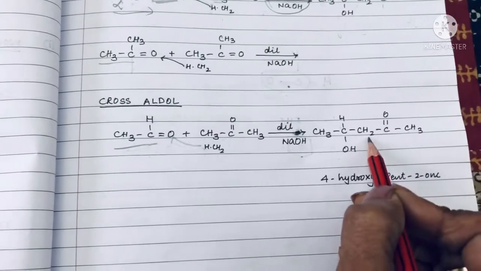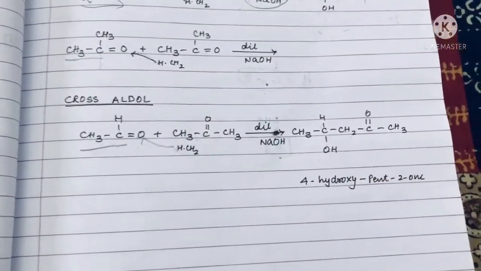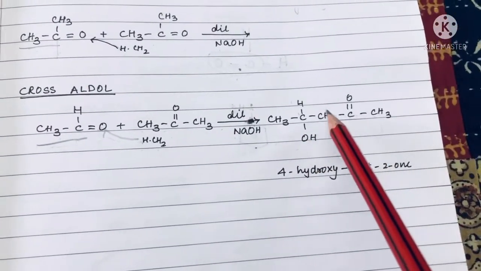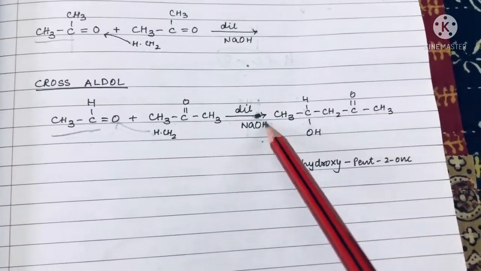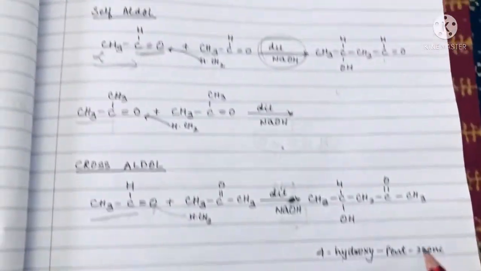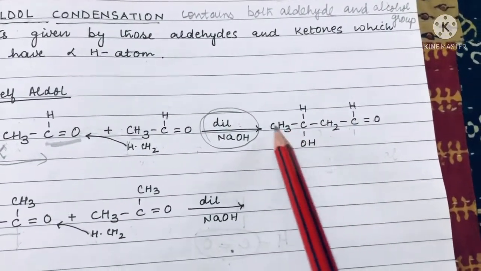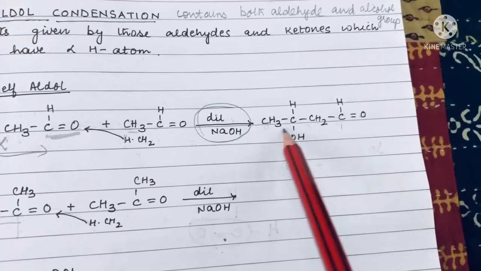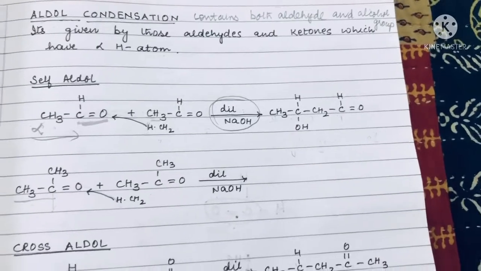CH2 is left here, CH2, C double bond O, CH3. So the name will become 4-hydroxy, 1, 2, 3 and 4, 4-hydroxy butan-2-one. Name of the first compound, 1, 2, 3, 4, 3-hydroxy butanal.